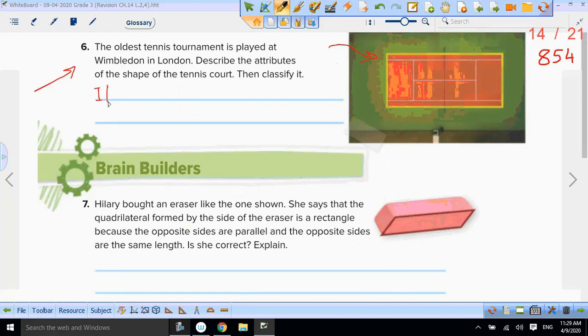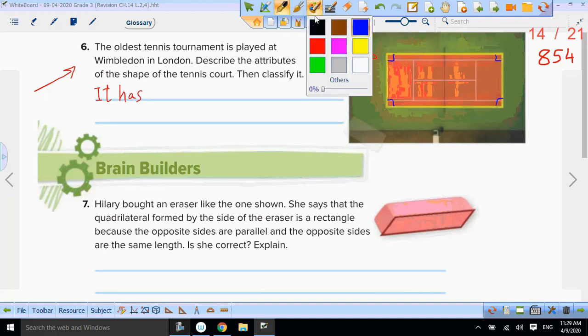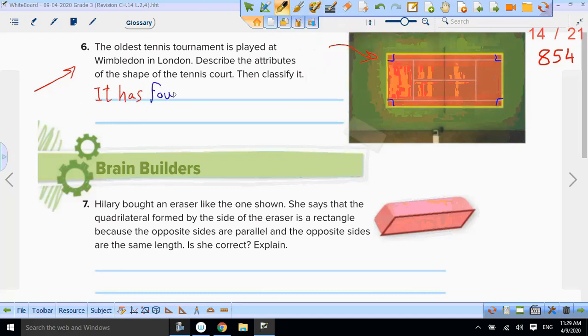It has how many right angles? As we see here, 1, 2, 3, 4. So it has 4 right angles.